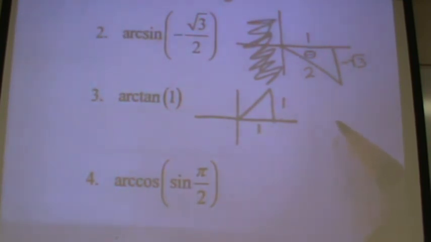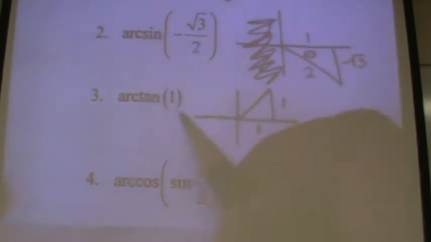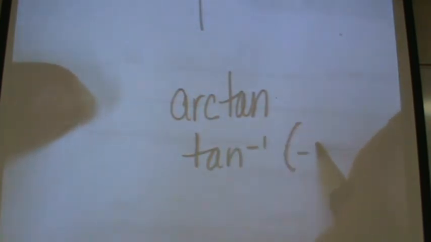I have a question for you. If this said arc tan, and it said -1, where are you at? 4. What angle is this? Negative?